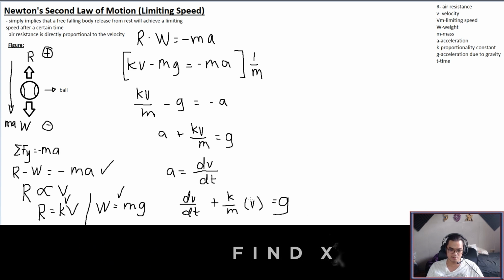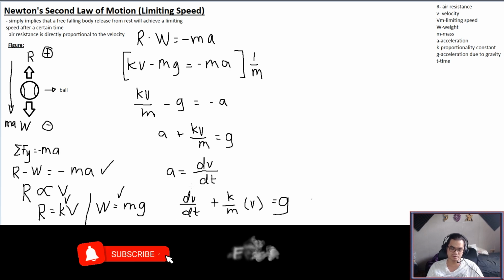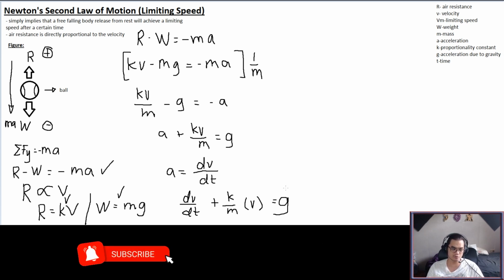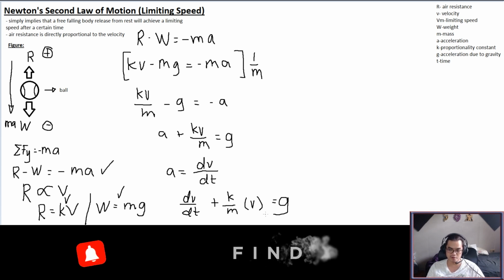Then next, as you can see, what type of differential equation is this? This is a FOLDE, or first order linear differential equation. I hope you still remember the solution for this one. As you can see, this is linear in v.